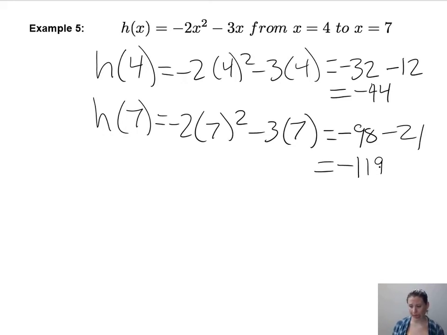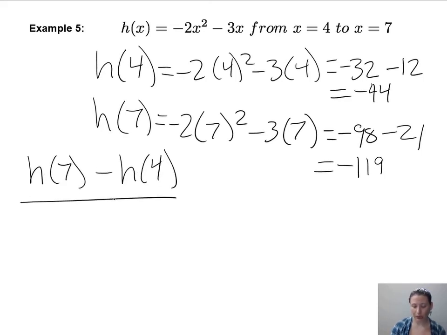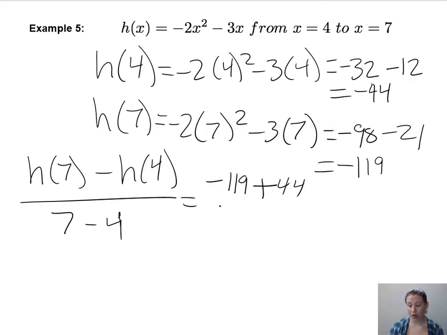Okay, let's check this out. So remember, we want to think about it as rates of change. So that would be h of 7 minus h of 4 over 7 minus 4. Okay, so that would be negative 119 minus negative, so plus 44 over 7 minus 4.